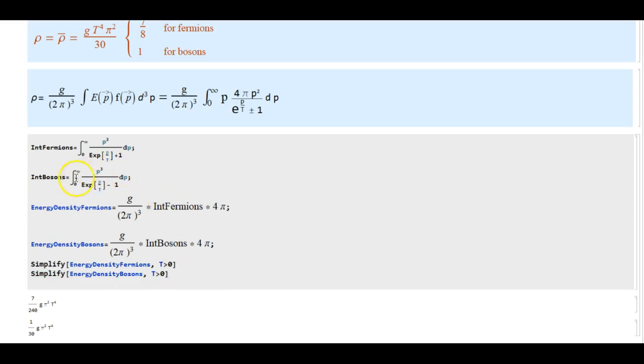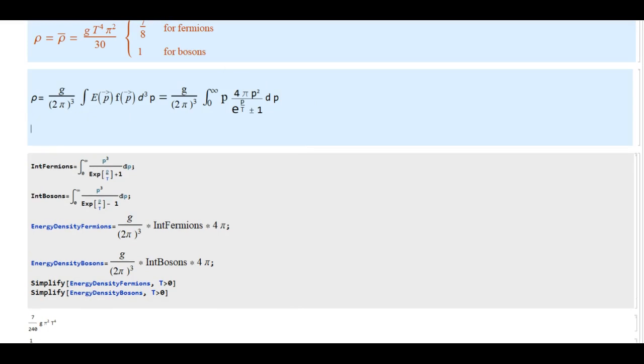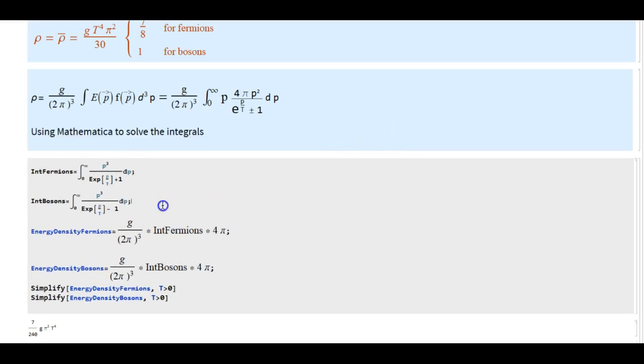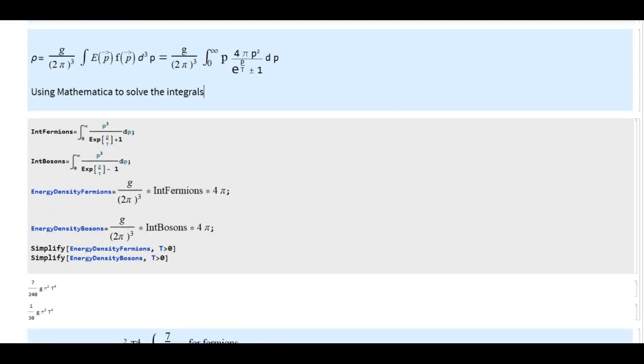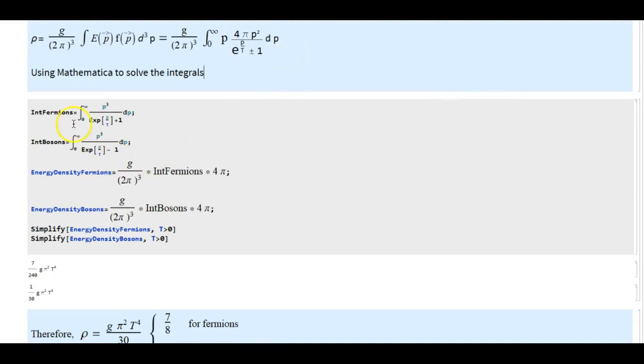Okay, so leveraging the power of Mathematica, and let me mention here that I am going to use Mathematica to solve the integrals. In case you are wondering what I am doing here, if you have not watched my previous videos, in the last video I calculated number density using similar Mathematica commands.